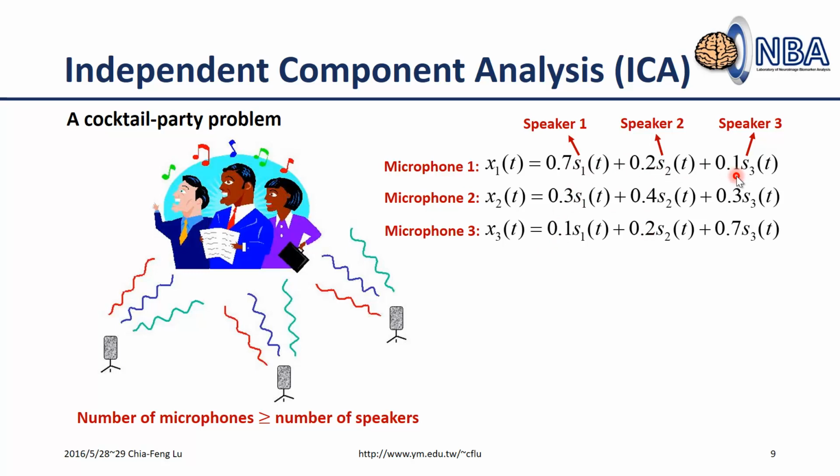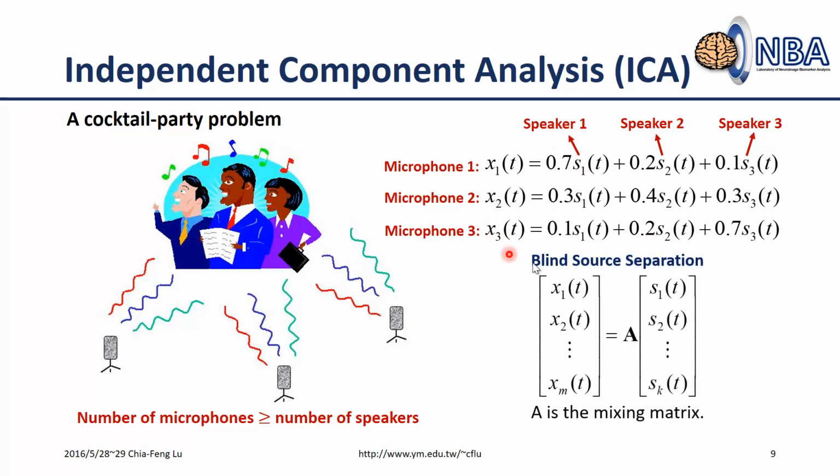So this is the problem. We call this the blind source separation issue. We only have the mixed signal, but we don't know the sources and we don't know the weighting. We need to solve this kind of problem. Sometimes we abbreviate it as the BSS problem, the blind source separation problem.